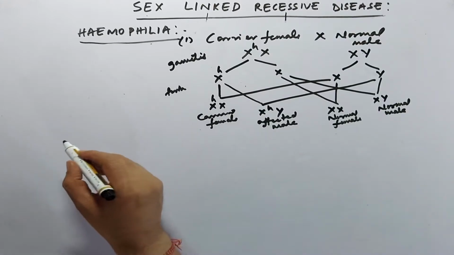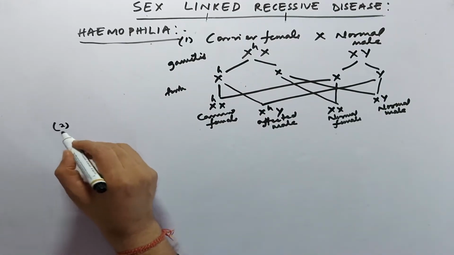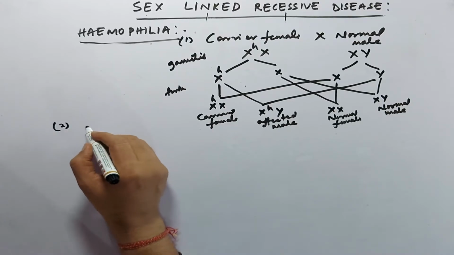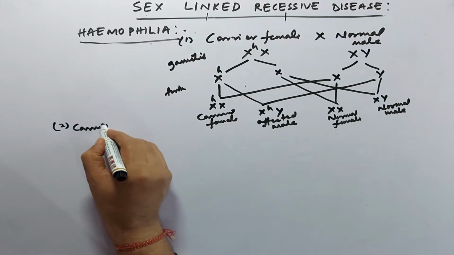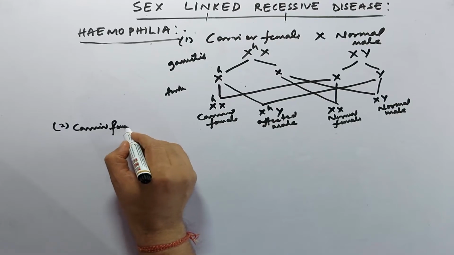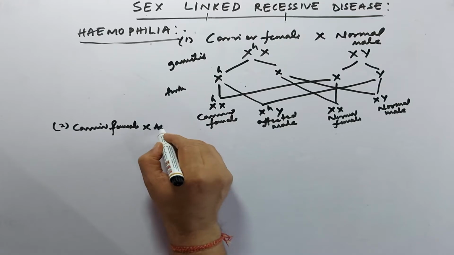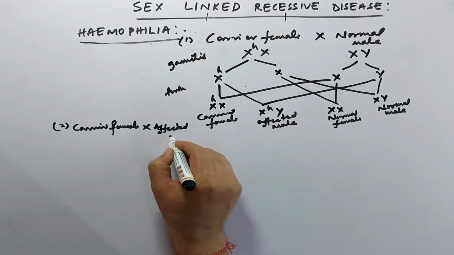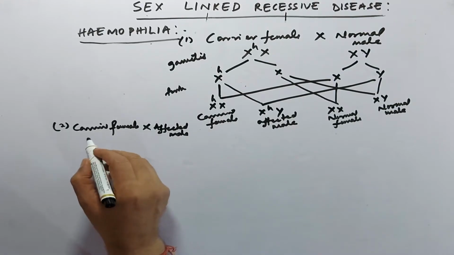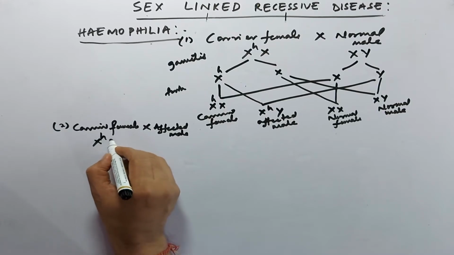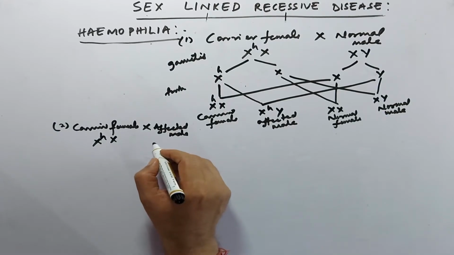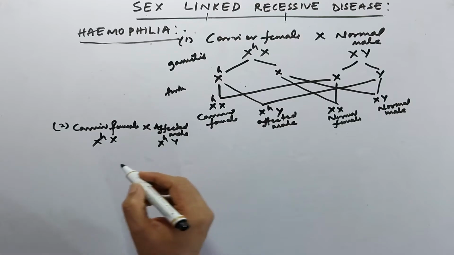Next, the second situation we discuss is a carrier female marrying an affected male. So here it is XHX and XHY.